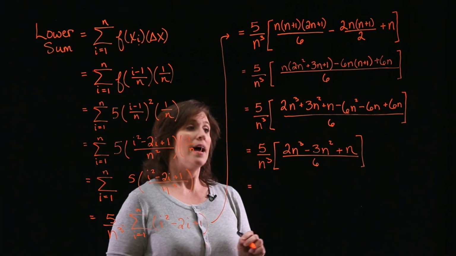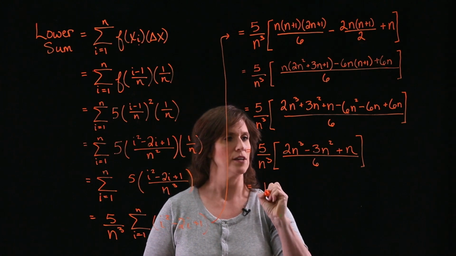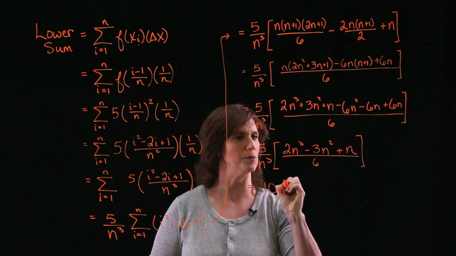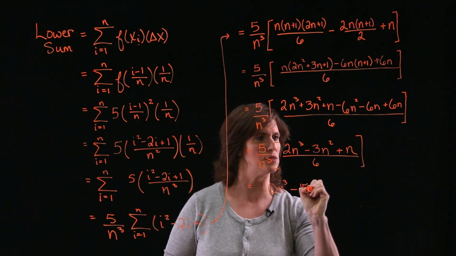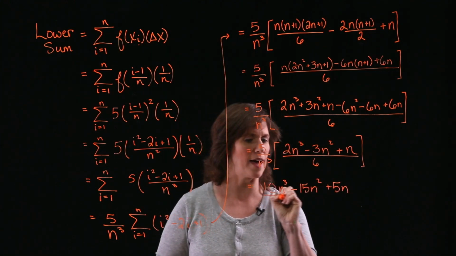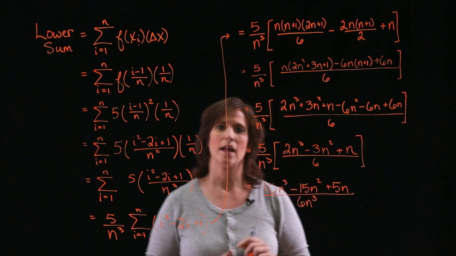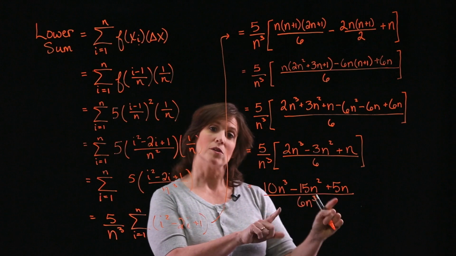Okay. Now that I have two simplified fractions, I'll go ahead and multiply them together. So that gives me 10n cubed minus 15n squared plus 5n. And that's all divided by 6n cubed. Okay, some more simplification.